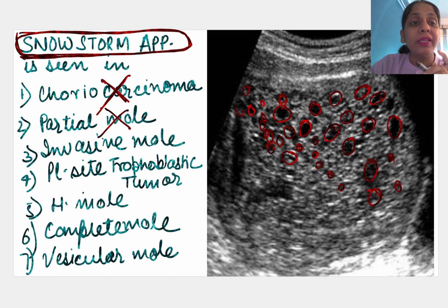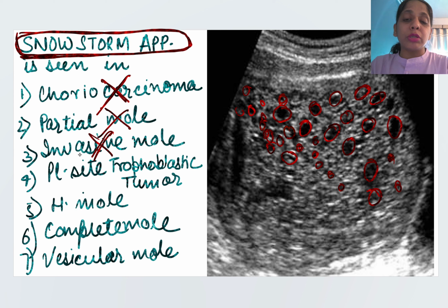The next option which is given is invasive mole. Invasive mole is not another name for complete mole. Invasive mole is a cancer, a form of neoplasia. So again you are not going to mark that snowstorm appearance is seen in invasive mole.